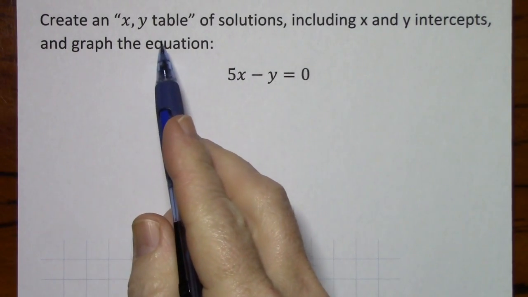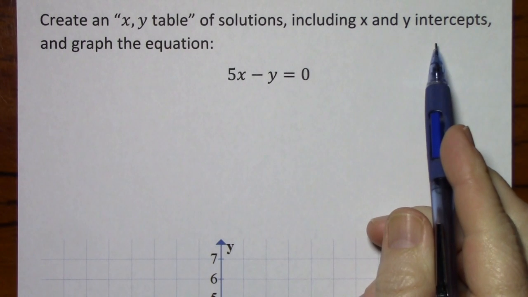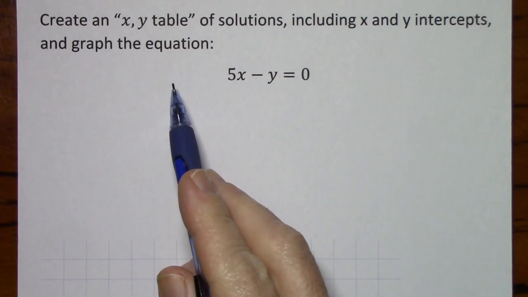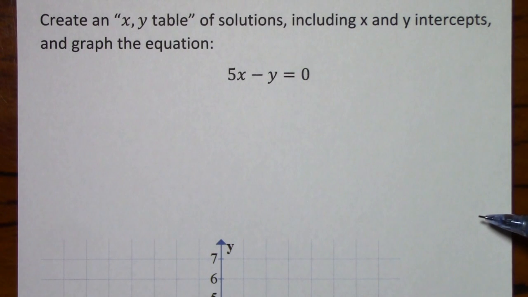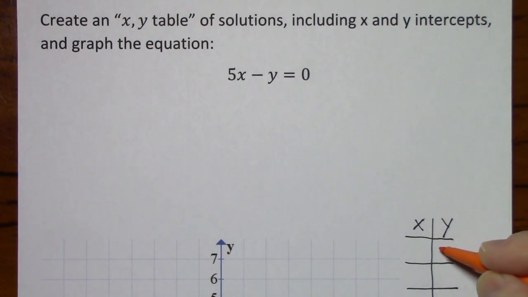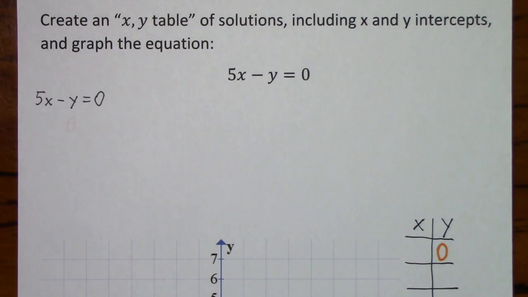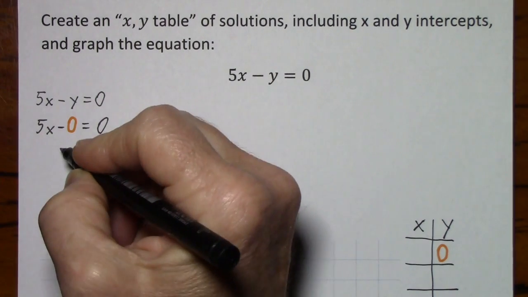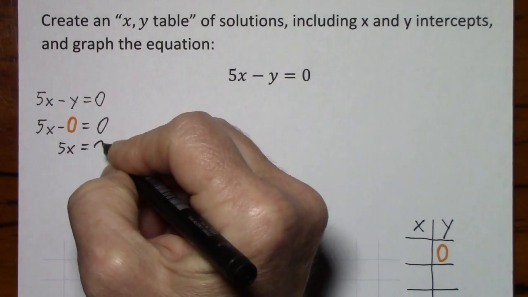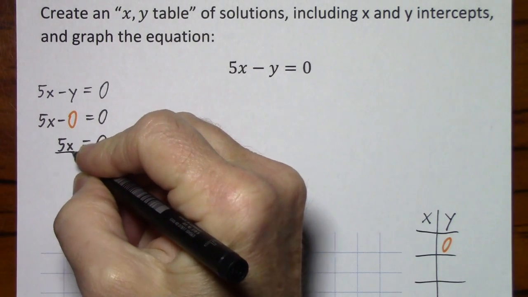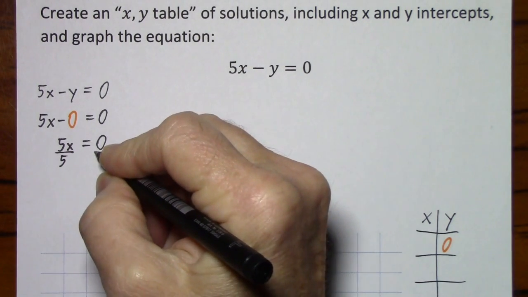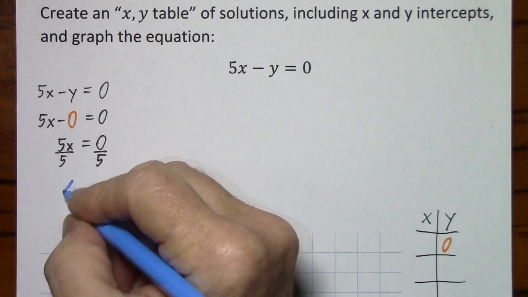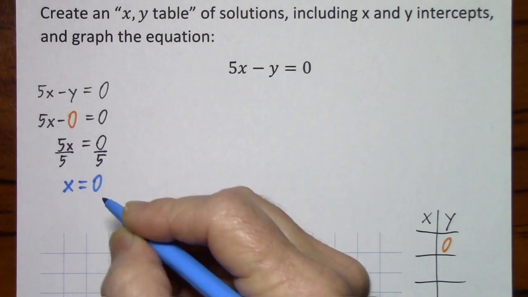We're to create an xy table of solutions, including the x and y intercepts, and then graph the equation. So first our xy table. And now when y is 0, we'll see what x is. Solving for x, obviously that's just 0, so we have x is 0. We'll put that in the chart.